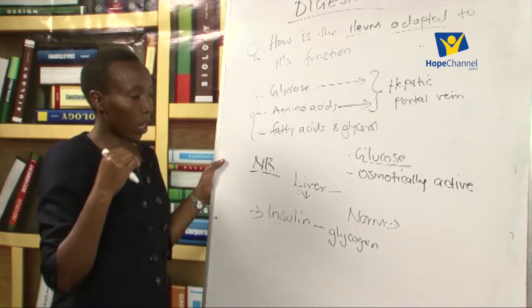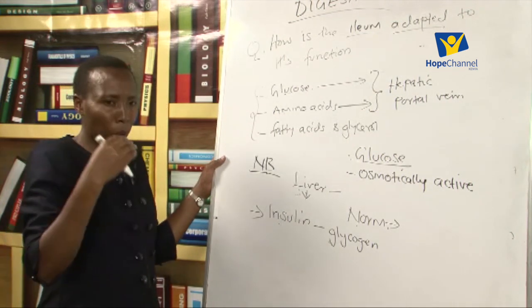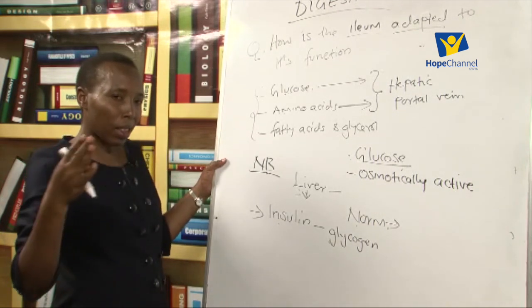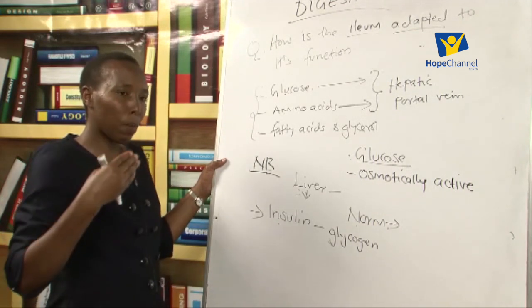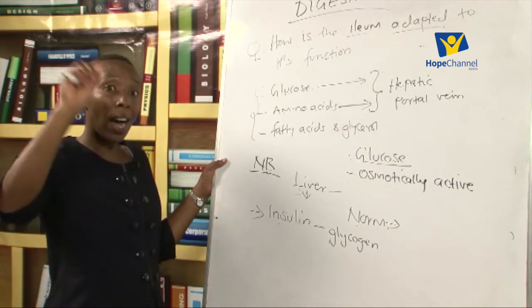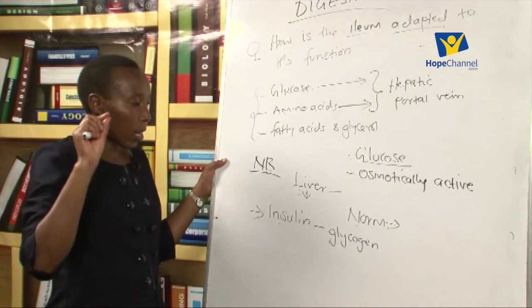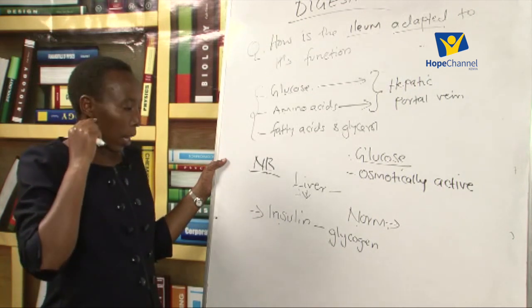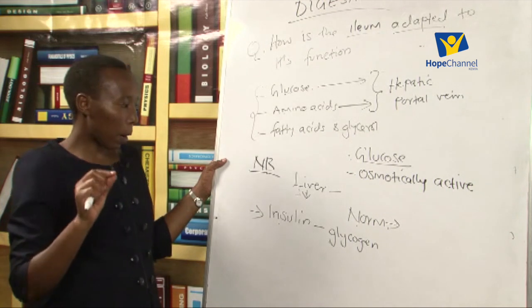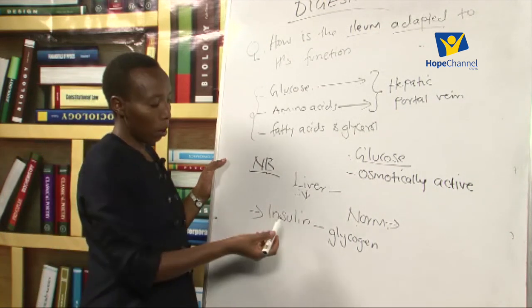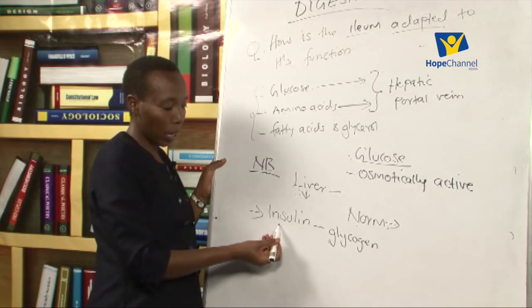And now the question is, especially after someone has taken food and then immediately after absorption, we expect the level of glucose to go high above the norm. And that is the time that the hypothalamus, that is the part in the brain, will send an impulse to the pancreas to release a hormone by the name insulin.